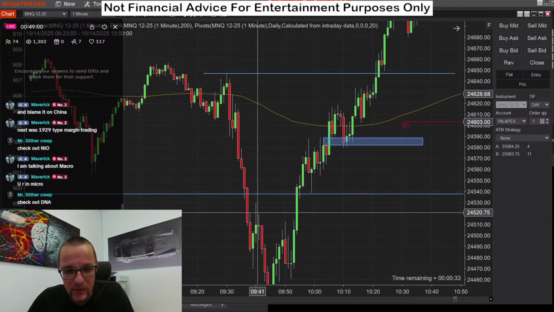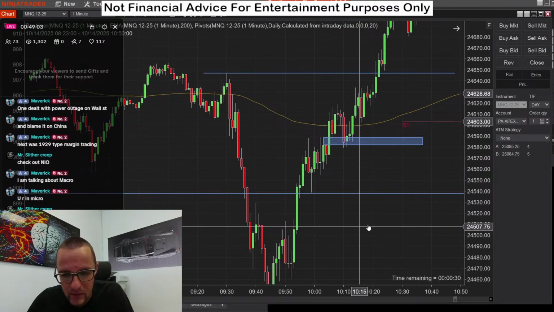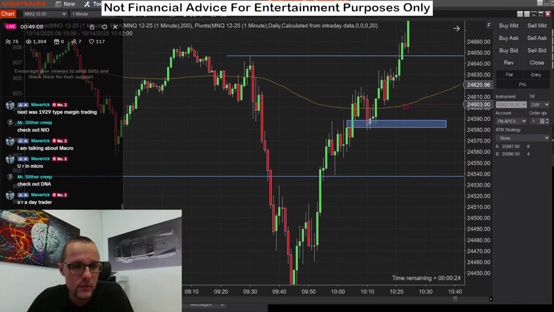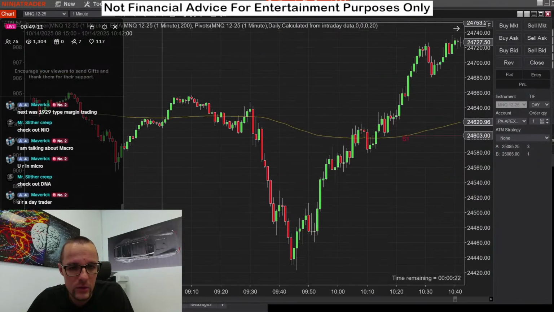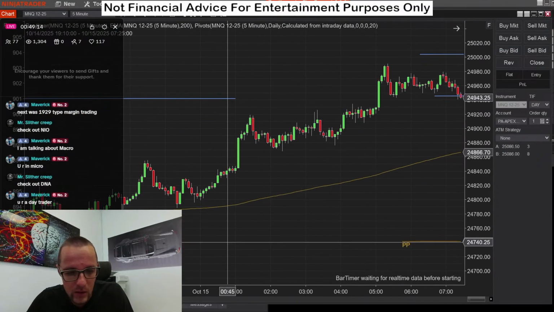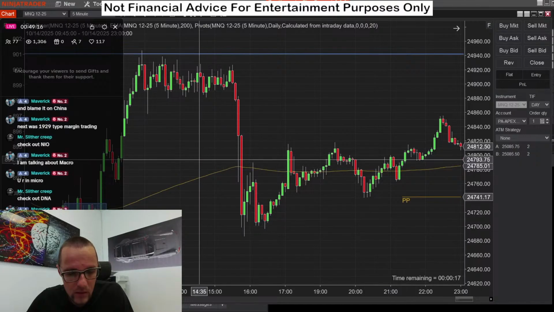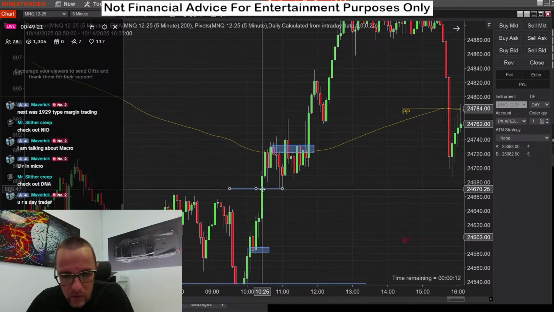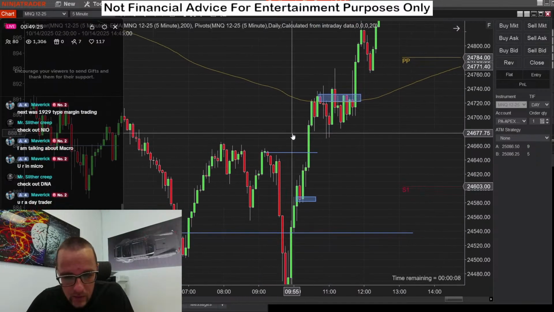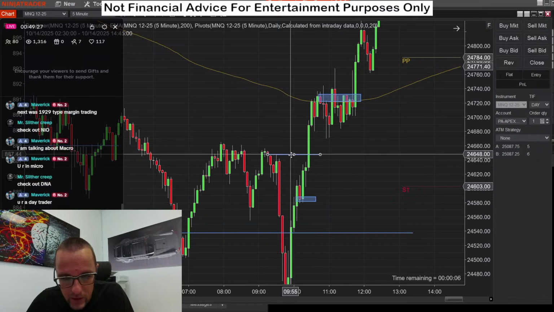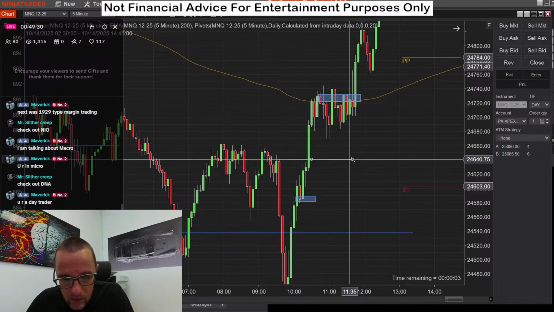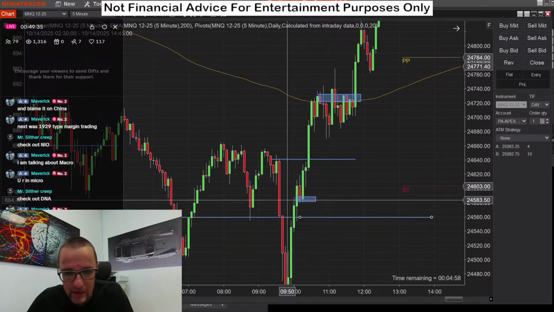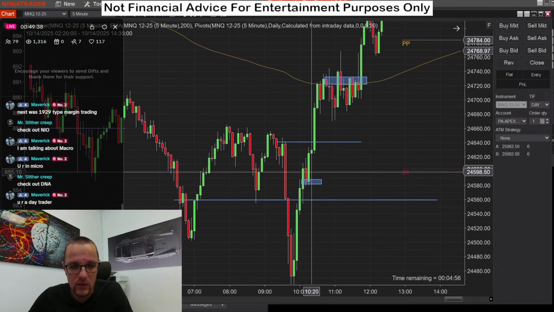I think my chart is actually off by a minute. Let me do it this way, I'm going to go to the 5. I just want to show you. All right, 9:35. Here's the top, and here's the bottom of that range. There's the 9:35 candle. Watch.